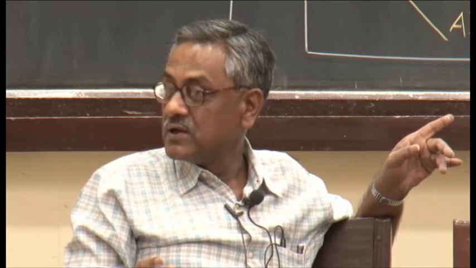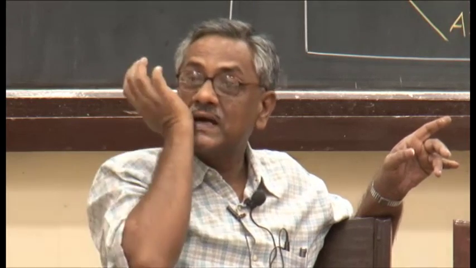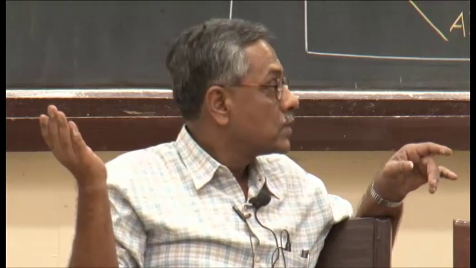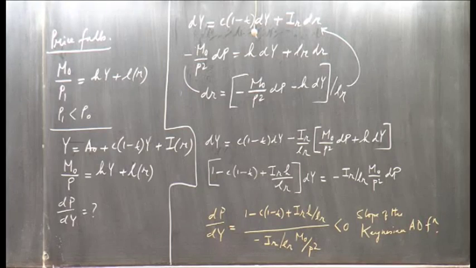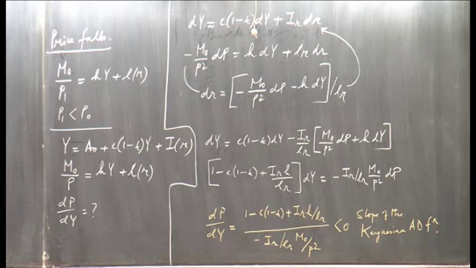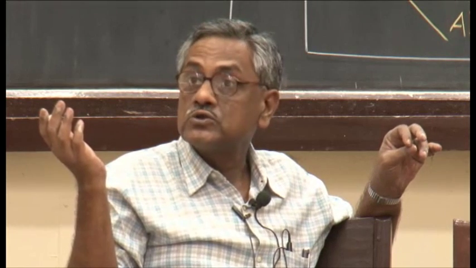It's very clear. For instance, one thing I mentioned, the liquidity trap, LR becomes minus infinite. Now, if you multiply numerator and denominator by LR, what do you have? You have LR multiplied in the numerator, and in the denominator it cancels out. So as LR goes to minus infinity, the dP/dY slope becomes infinite also.